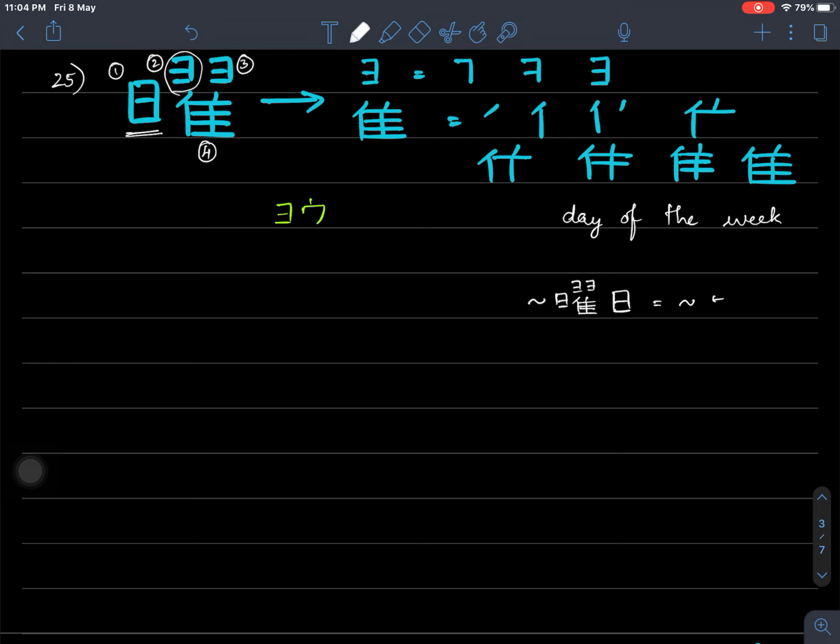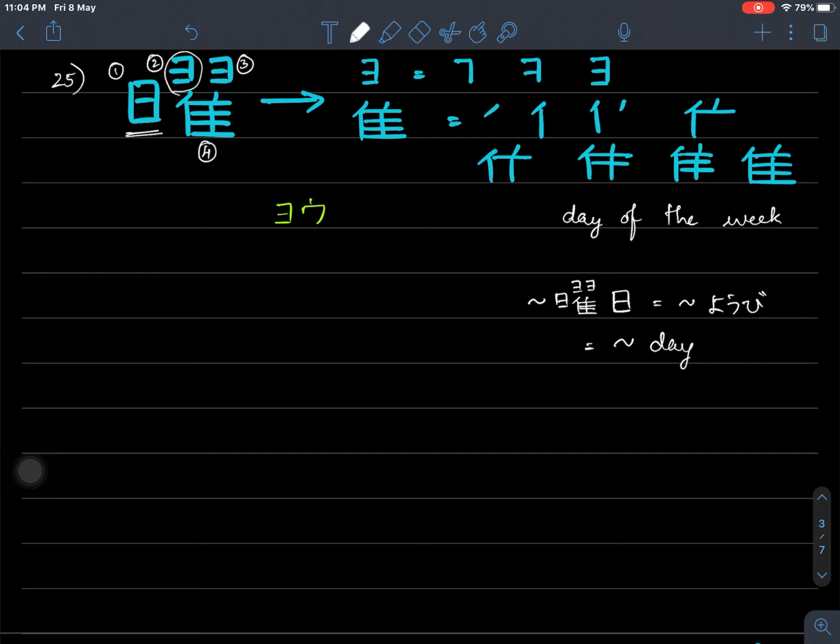So this will be read as yobi. So this is something like saying day. This is the standard suffix you will have whenever you want to express a particular day of the week. So for example, in English we have Monday, Tuesday, Wednesday and so on. The day part is the common suffix for each of those words. Similarly, this yobi is going to be the common suffix for all of the days of the week in Japanese.